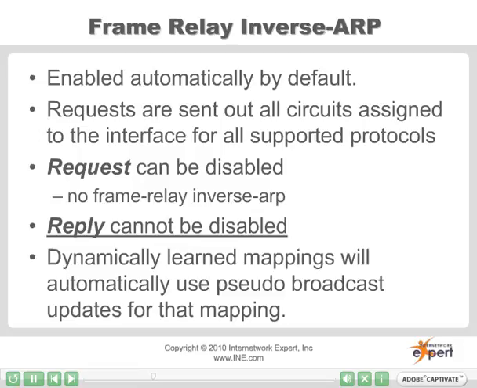It will simply wrap up that multicast or broadcast that would normally be on Ethernet, for example, and ship it unicast to the peer at the other end of that PVC. And that's how the broadcast mapping operates for statically learned or dynamically learned maps if they have that keyword broadcast in them.